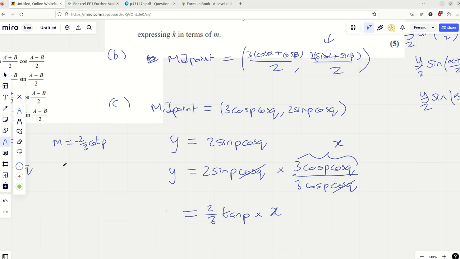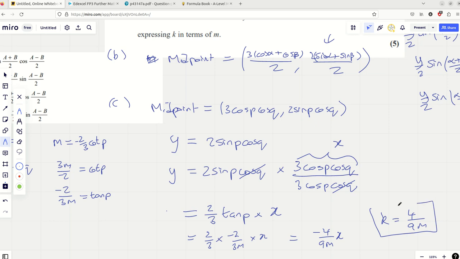Okay, now the answer's easy, because all I've got to do now is 3m over minus 2 is cot p, and so minus 2 over 3m is tan p, and therefore this is going to be the same as 2/3 times minus 2 over 3m times x, and so it's the same as minus 4 over 9m x, and hence your k is 4 over 9m, and it's done.